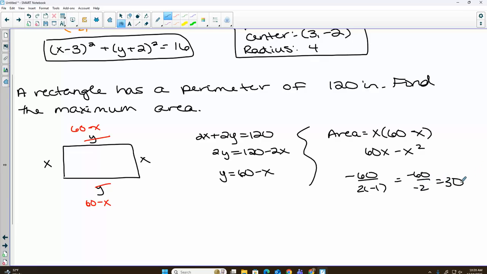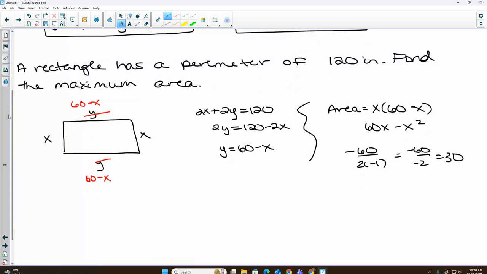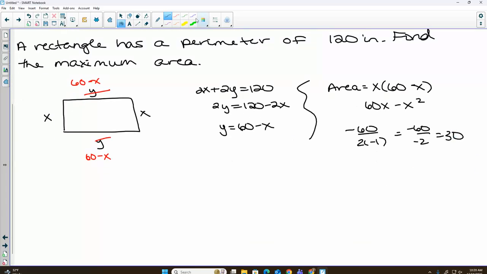Then you just have to answer the question. This time I said give me the maximum area. So I am going to plug 30 into my area equation. So if I do that, we get 900.